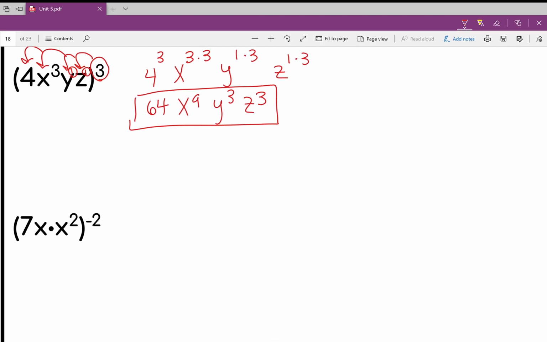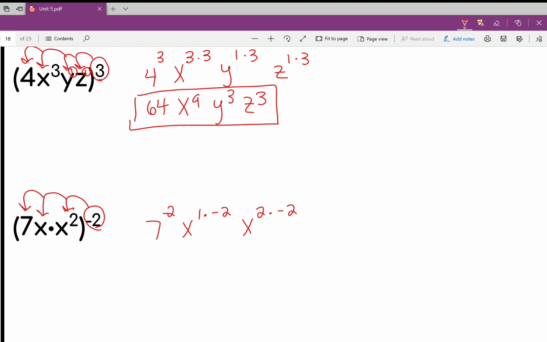Example 2, I'm going to take this negative exponent and I'm going to give it to everything on the inside. So this x, and this 7. So then I have 7 to the negative 2 power, x to the 1 times negative 2, and x squared times negative 2.